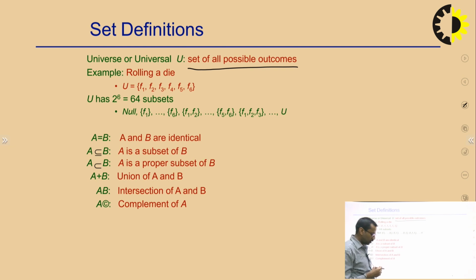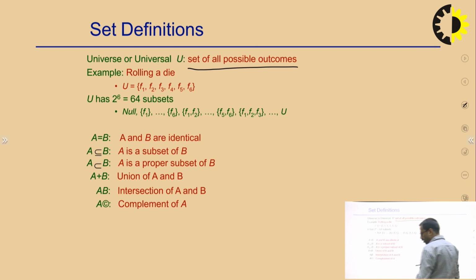For example, when we roll a die, the number of possible cases on the upper face will be 6, because the possible cases are 1, 2, 3, 4, 5, 6.